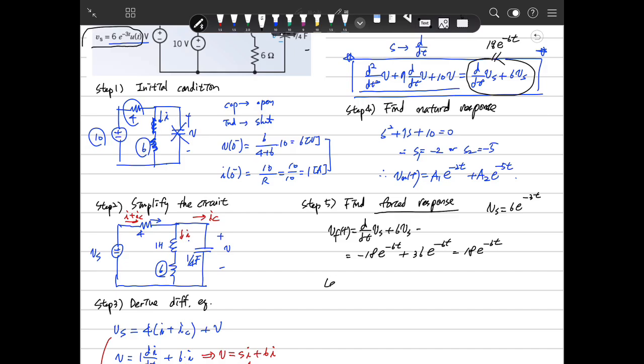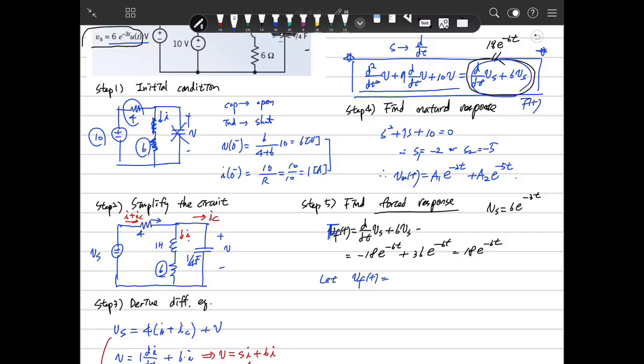So that is 18 exponential minus 3t here. Oh no, this is not v of t, this is actually f of t, because this is f of t.